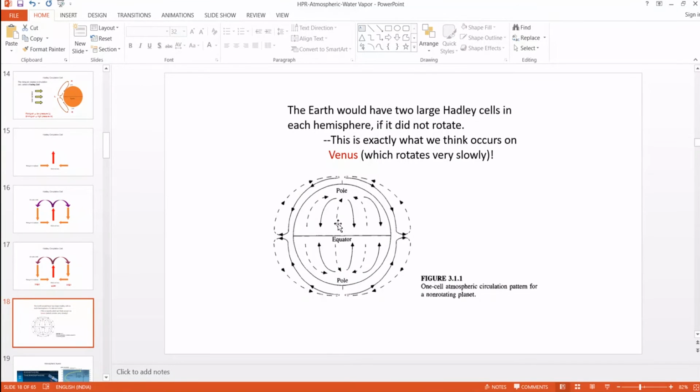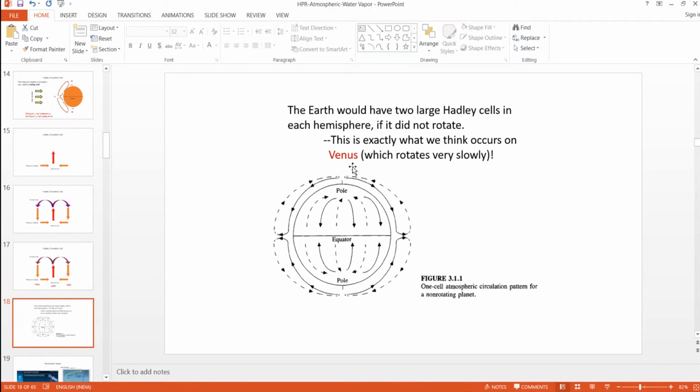Okay, but this problem is not as simple as that, because there is not only solar radiation. In addition to that, there is earth rotation. This figure shows it without earth rotation. If there is no earth rotation, then there are only two Hadley cells, one in each hemisphere.